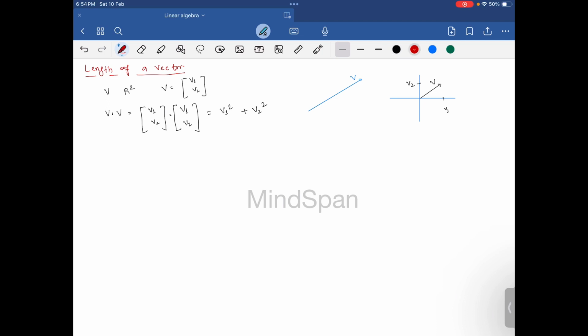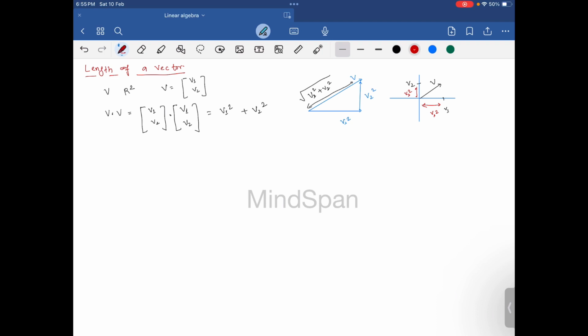If we square v1 and square v2, then from Pythagoras, the length of this vector will be the square root of v1 square plus v2 square.